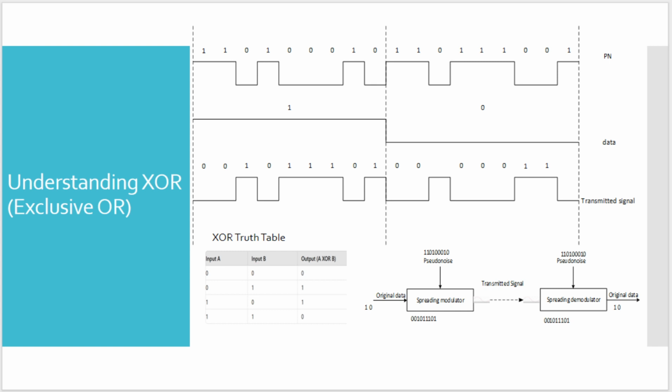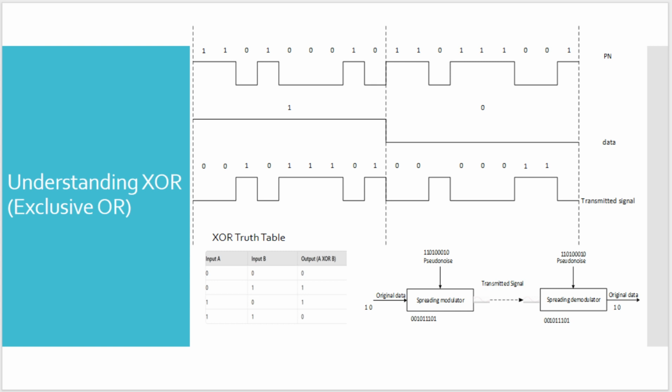In this context, the XOR operation is used to combine the data signal with the pseudo random noise sequence, effectively spreading the signal over a wider bandwidth.